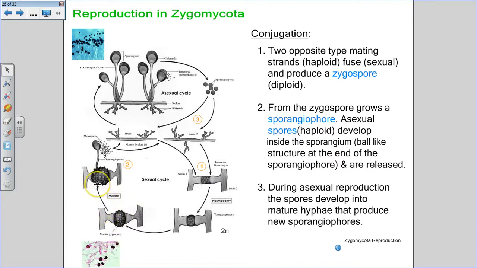The zygospore will undergo something called meiosis that will make spores, the meiospores, that whenever conditions are better again, will be released, and they'll form new hyphae.